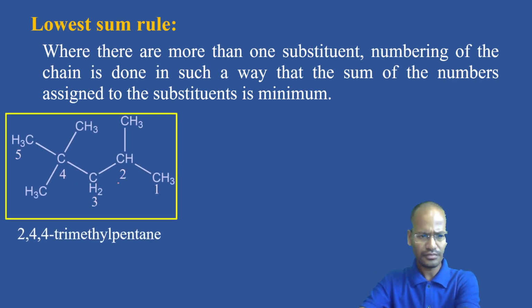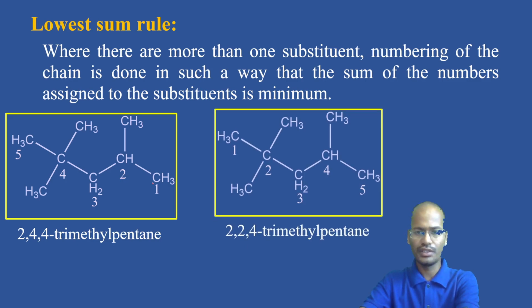See, in the two cases, the numbering was started from here. The chain is proceeding like 1, 2, 3, 4, 5. And here, numbering was started from here. Chain is proceeding like 1, 2, 3, 4, 5. The longest chain is same in both the cases as our previous example.